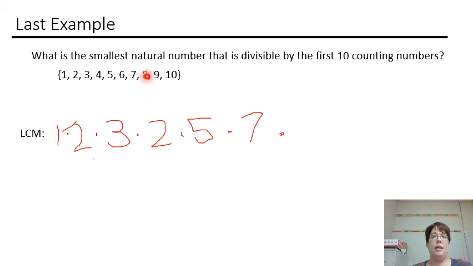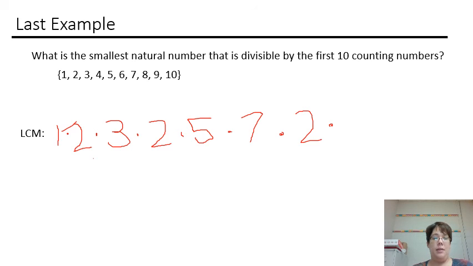So you're actually going to have 2 times 2 times 2. So 8 requires three 2's. Well, I have two 2's. I need another 2. So let's put in another 2 in here. So I'm going to put in my other 2. And then let's see, that was 8.